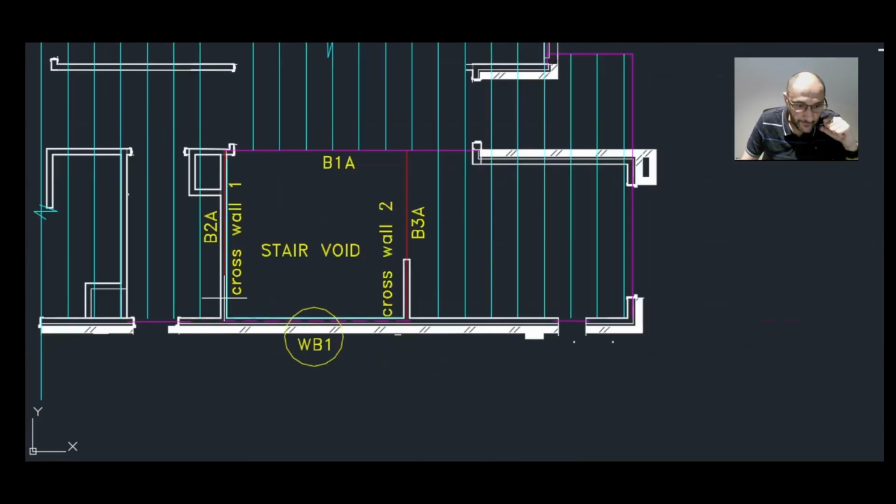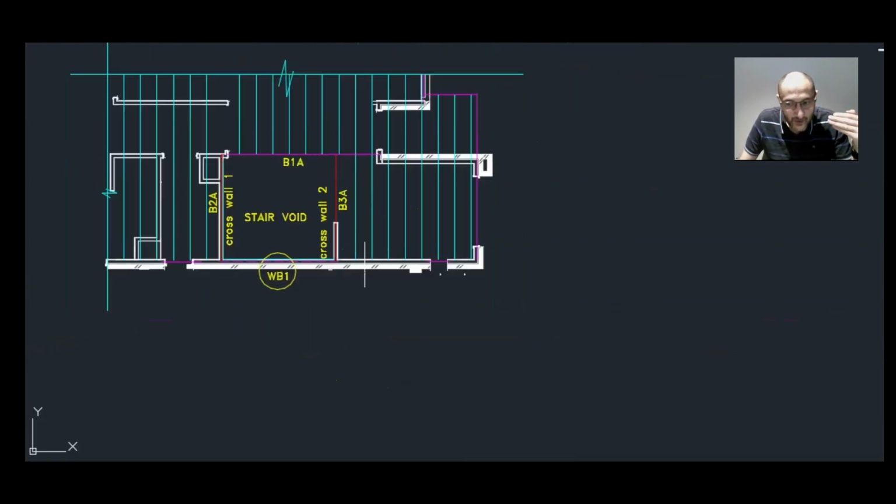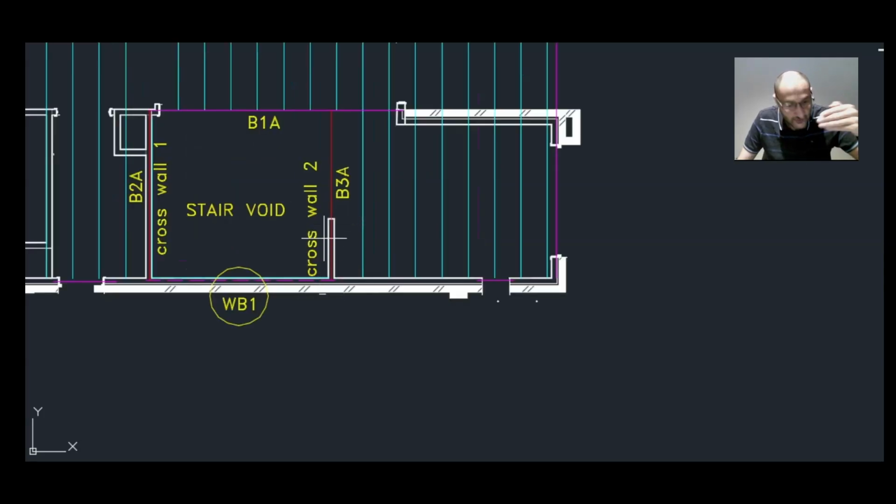So what we have created here is like a rigid diaphragm for the wind beam to transfer the horizontal forces into the frame when of course taking the wind pressure. Now B2A and B3A, they can also be fixed continuously on the cross walls, which we can screw from the bottom and from the top plates, okay?